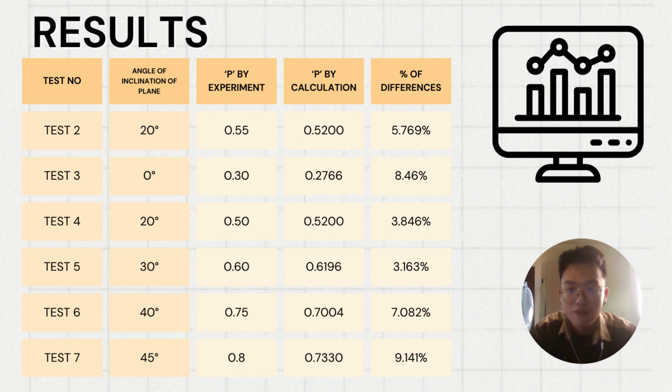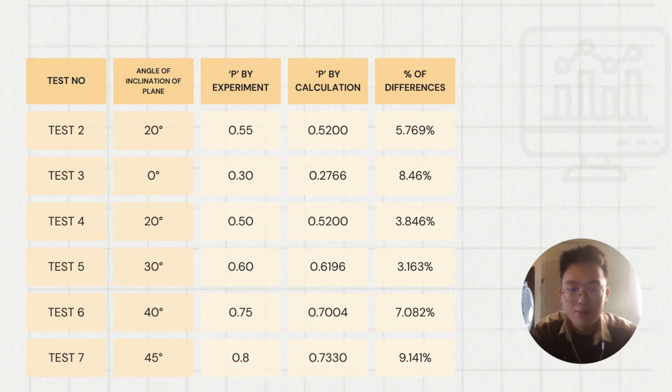The percentage difference varied, with the lowest at 3.163% for a 30-degree inclination and the highest at 9.141% for a 45-degree inclination. These results provide a clear insight into the accuracy of our calculations relative to the experimental outcomes, highlighting the relationship between the angle of inclination and the applied force.